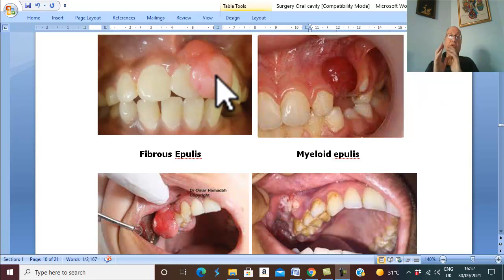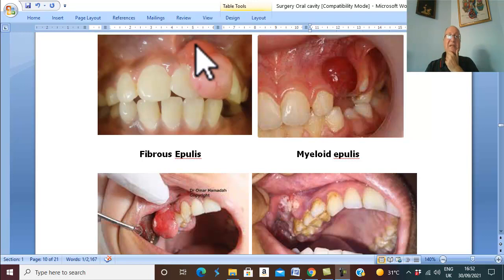Pale red is also logical because this white fibrous tissue mass is covered by mucosa, which is red in color. Therefore, it is pale red due to the covering mucosa, or white due to the fibrous tissue.